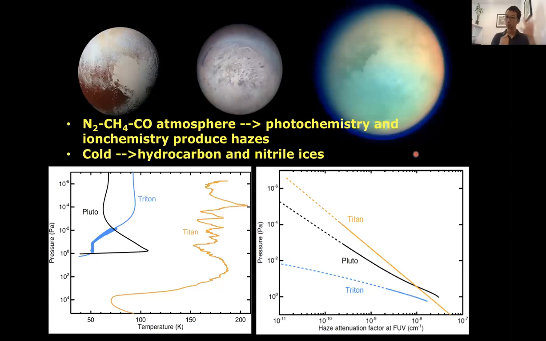Pluto, Triton, Neptune's moon Triton, and Saturn's moon Titan. They are all nitrogen, methane atmospheres, with a lot of CO in Pluto's atmosphere and Triton's atmosphere. So you have a lot of photochemistry and ion chemistry coming that produce hazes. And they're also very cold because of the outer solar system, right? So hydrocarbon and nitrile ices will condense in the atmosphere.